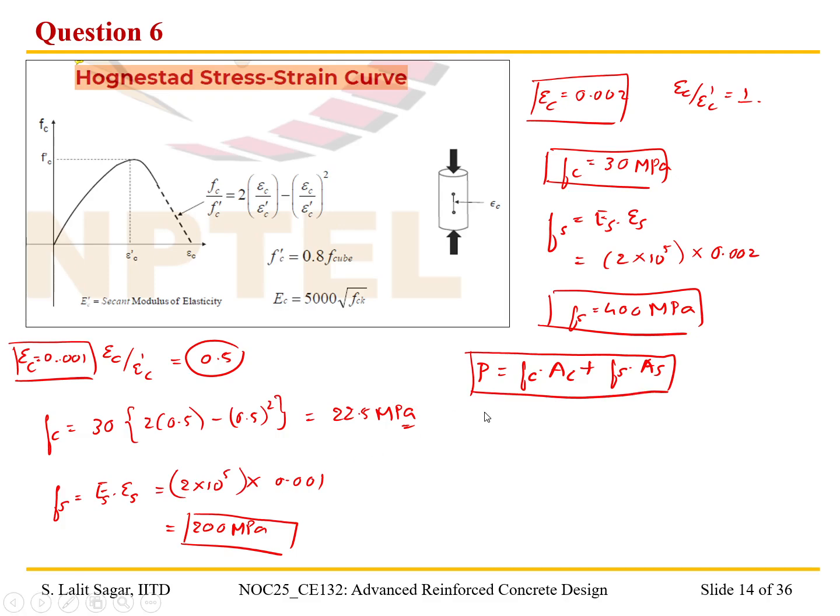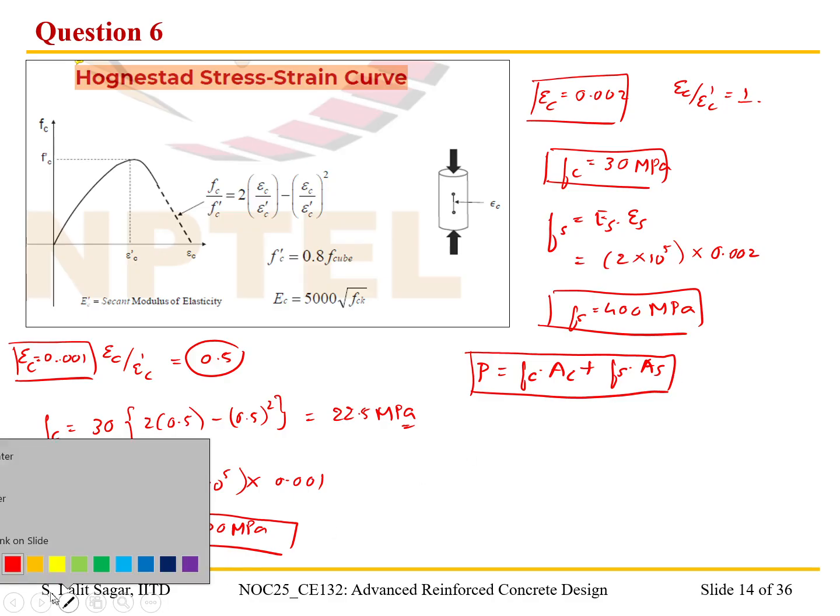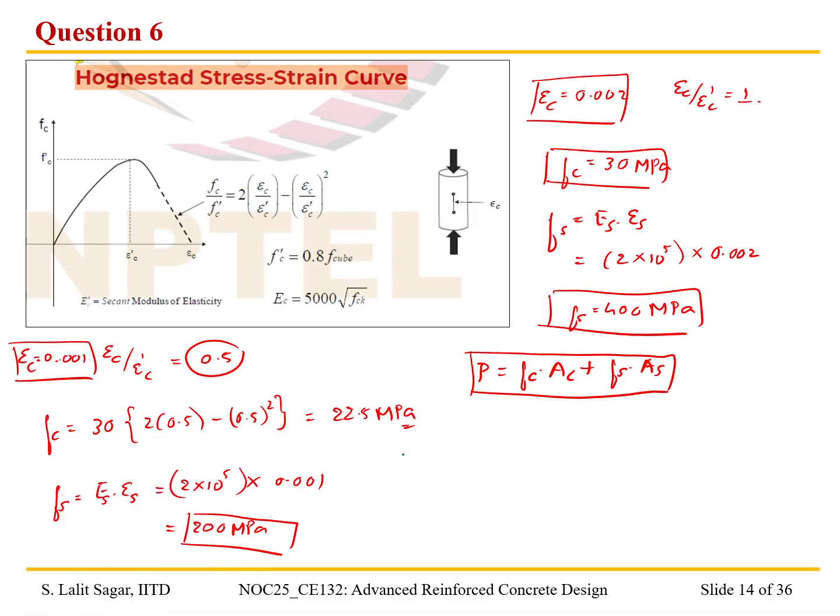So we need to determine the values of the area of concrete and the area of steel. Let me take a different color and try to find out what is Fc and Ac. Let us first find out the value of As.